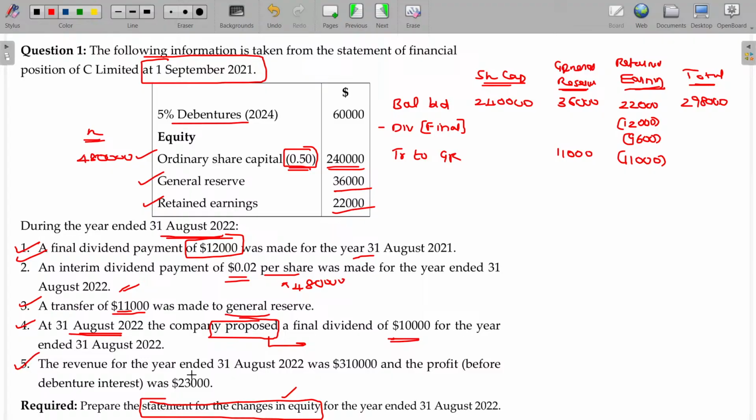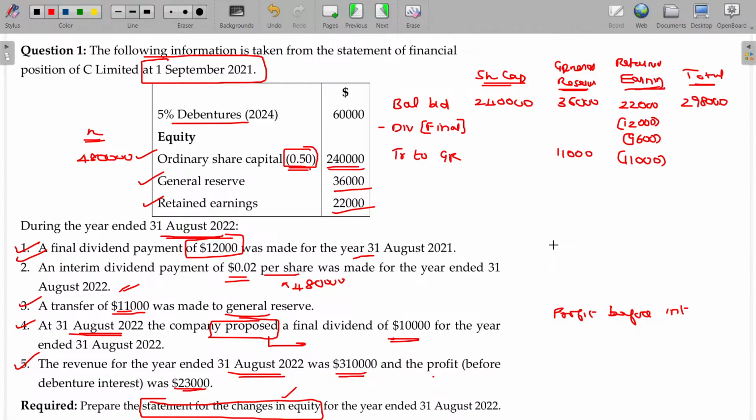Fifth, the revenue for the year ended 31st August 2022 was 3,10,000, and the profit before debenture interest being 23,000. So how do you prepare revenue or profit before interest? Calculate this way, right?